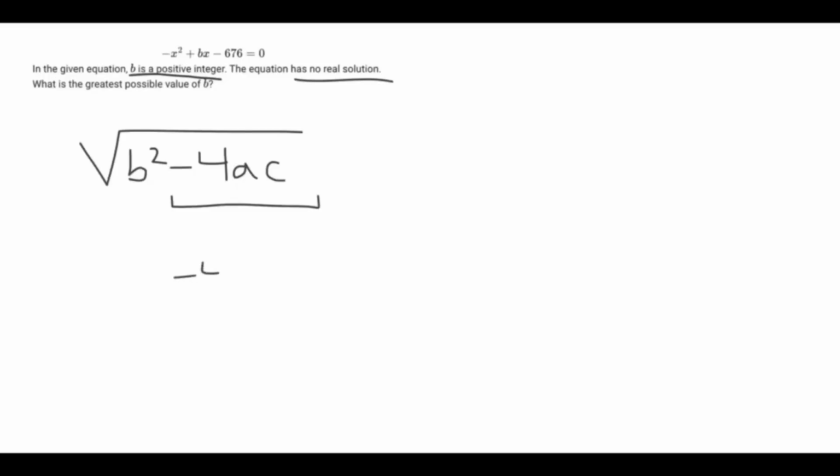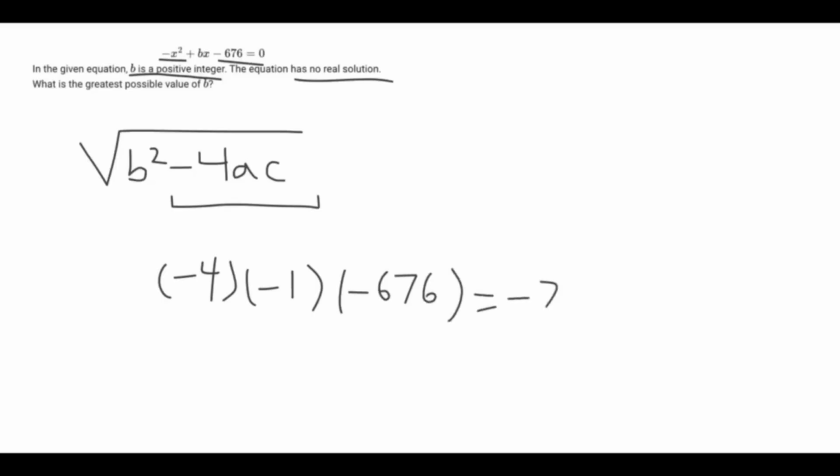So let's first calculate negative 4 times A, we know our A value is negative 1, times C, our C value is negative 676. And this will give us a value of negative 2,704. All right.